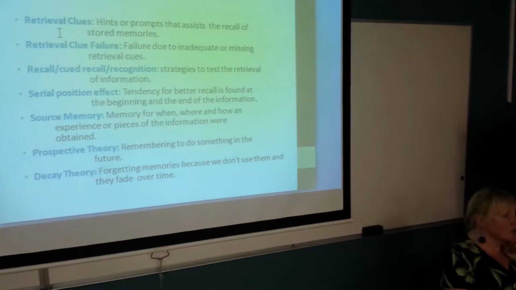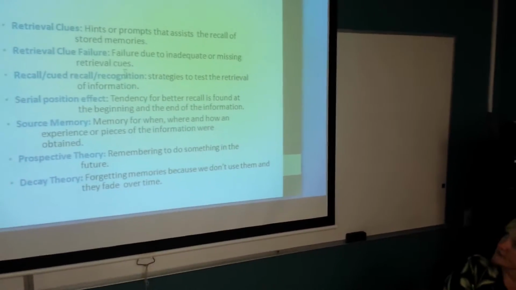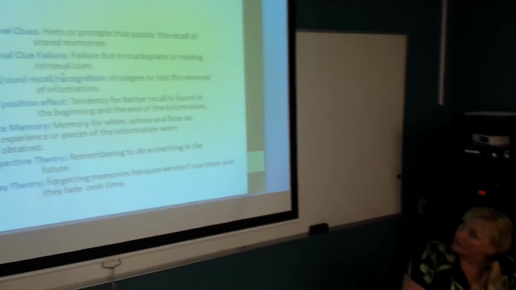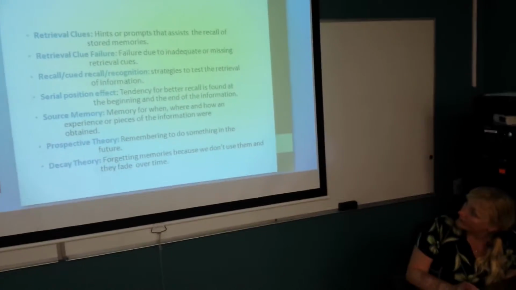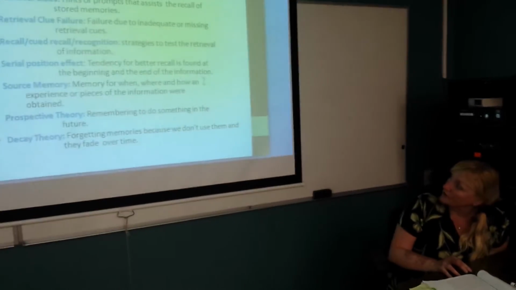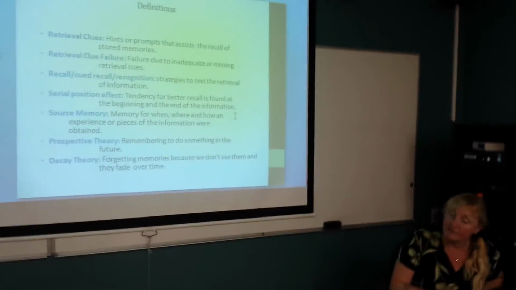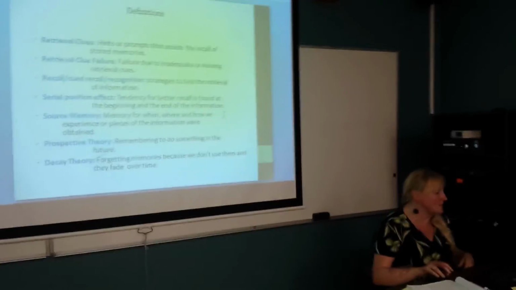Here are definitions for retrieval. Hints or prompts that assist the recall of stored memories. Failure due to inadequate or missing retrieval clues. This is retrieval clue failure. Serial position effect: the tendency for better recall is found at the beginning and the end of the information. So that's where, like if on directions, you don't remember what's in the middle.